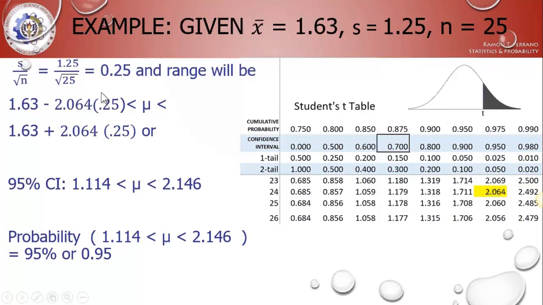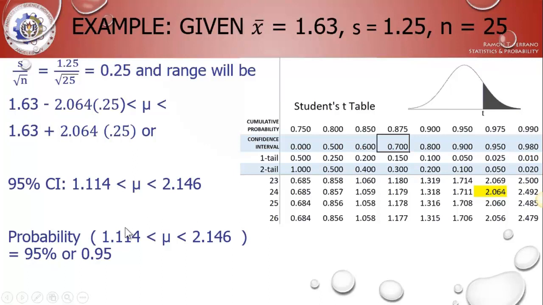Okay? So applying that, you have x bar 1.63 minus 2.064 multiplied by 0.025 because your sample standard deviation is 1.25 or your n is 25, you get 0.25. So it will be from the range 1.114 to 2.146.